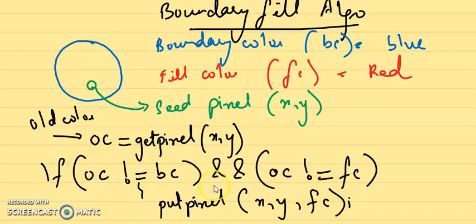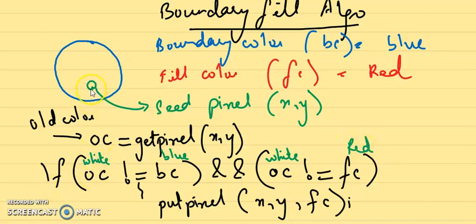Now we check whether we are going correct or not. Please have a look. OC is nothing but, as of now, say the background is white, so I am going to put it as white. And what is BC? Boundary color is blue. Similarly, this is white. And what is fill color? Fill color is red.